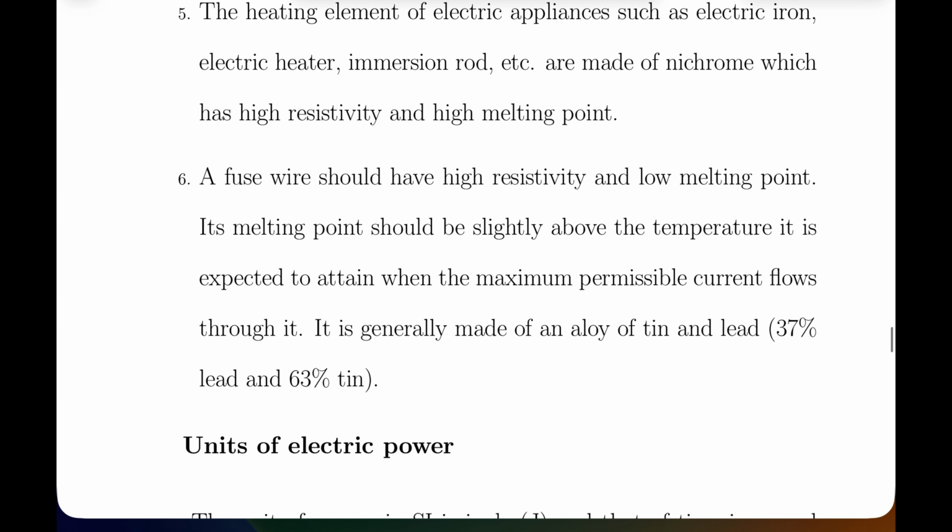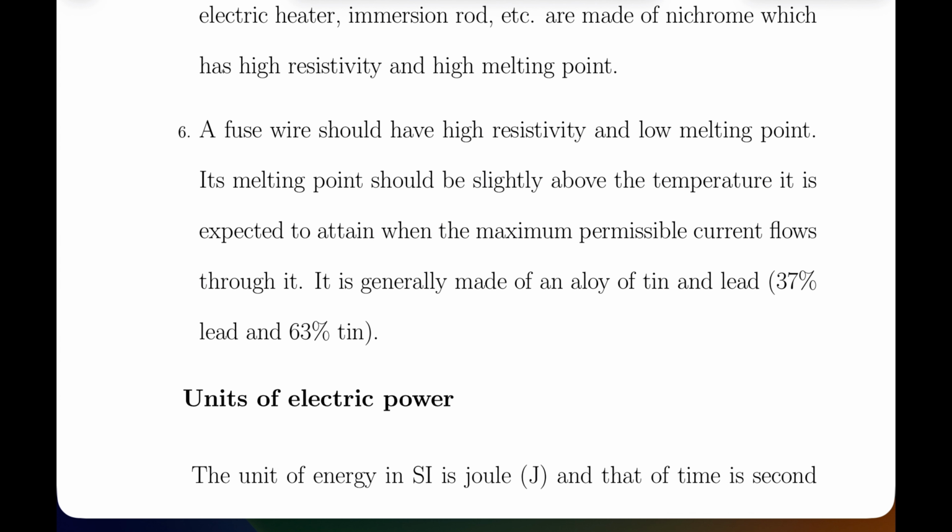Next, a fuse wire should have high resistivity and low melting point. Its melting point should be slightly above the temperature it is expected to attain when the maximum permissible current flows through it. It is generally made of an alloy of tin and lead, that is 37% lead and 63% tin.